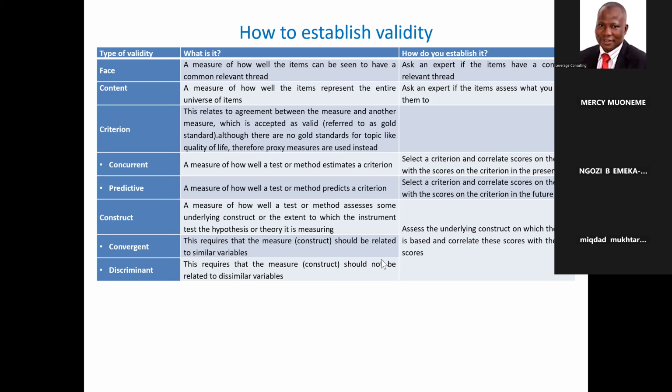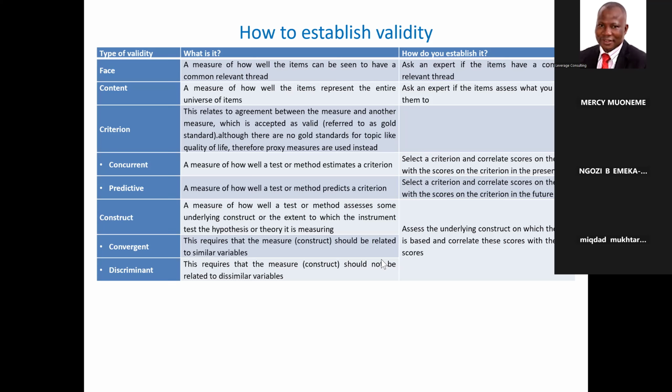If we are talking about quality of life, some people say we have the social aspect, psychological aspect, environmental aspect, emotional aspect, physical. When you talk about quality of life, if you cover only some, content validity is very low.